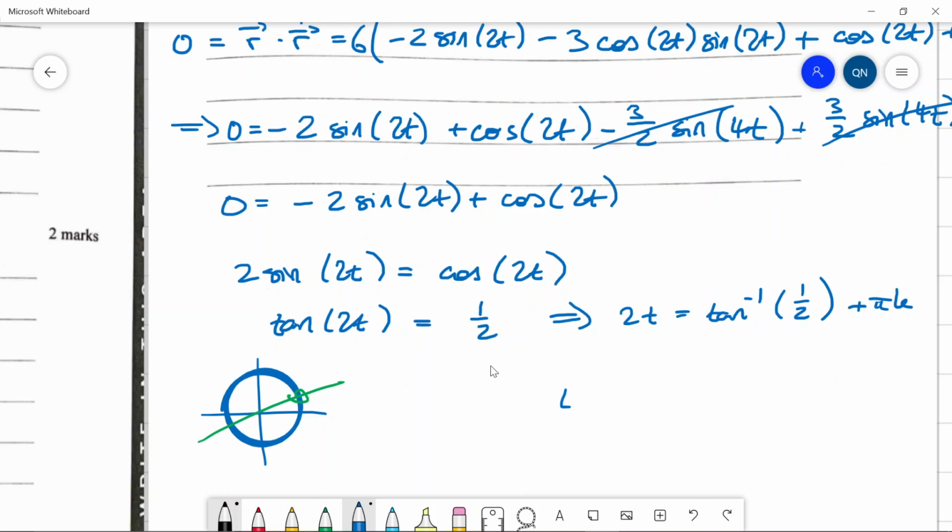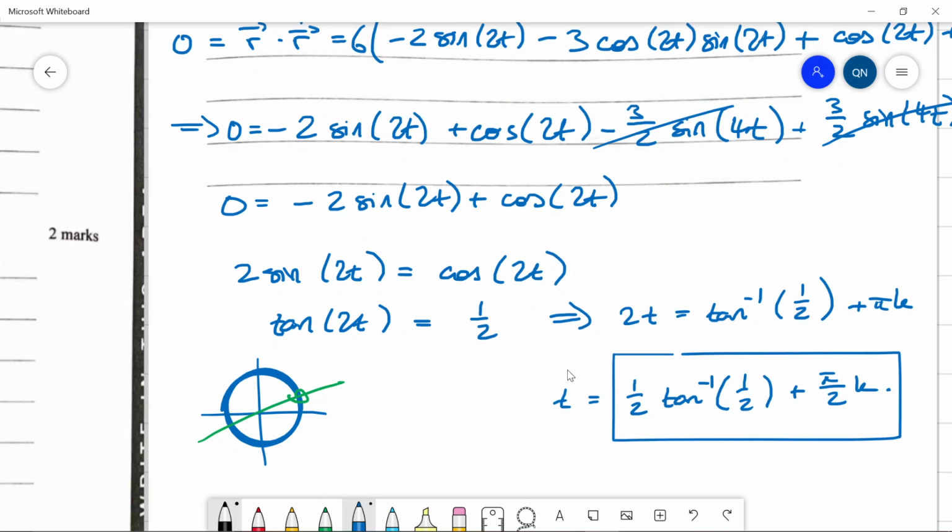So therefore, t is equal to 1/2 tan inverse of 1/2, plus pi over 2 times k. And with that, we are done. And k is a positive integer as well, because t can only be positive.